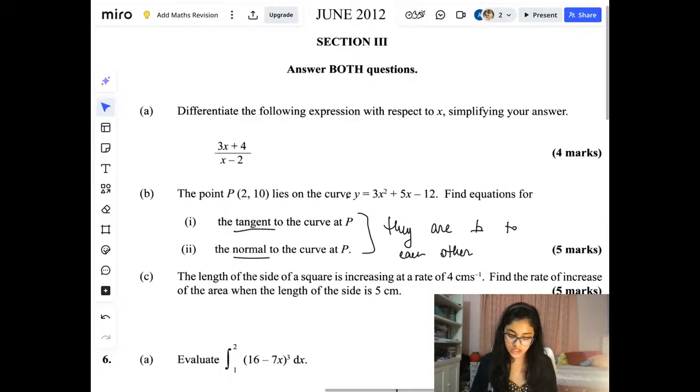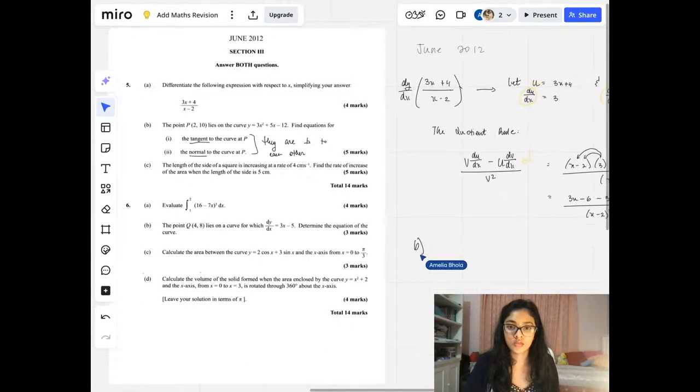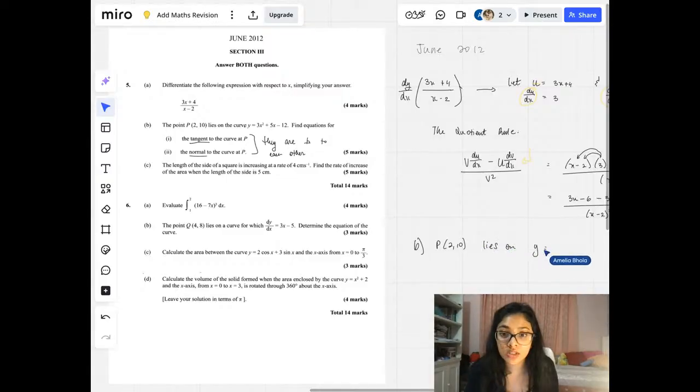All right, so let's get into this question. y is equal to 3x squared plus 5x minus 12.